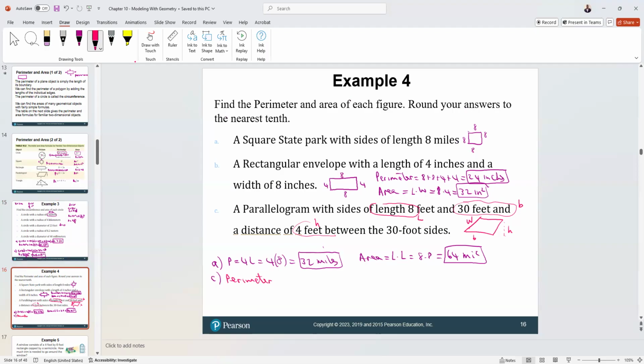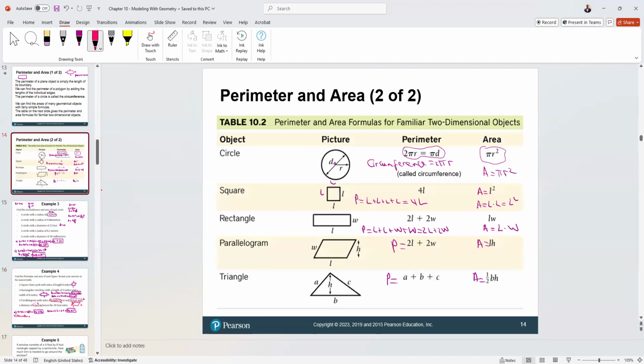Okay. So perimeter, this is the formula we have. If you go back here, what's the perimeter of a parallelogram? We said it's 2L plus 2W. Okay. So we have 2L plus 2W. That would be our parallelogram. Okay.